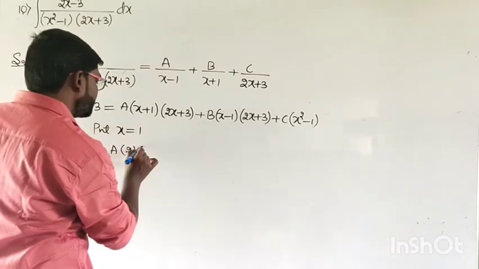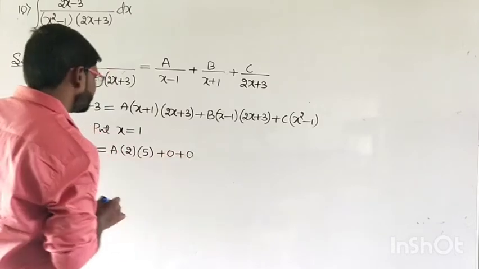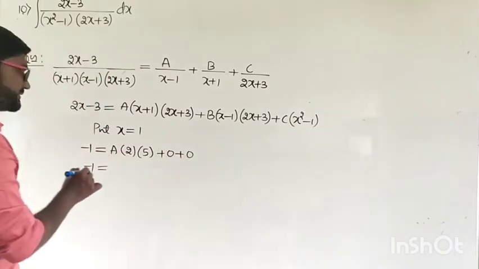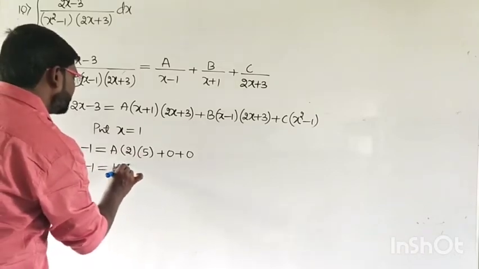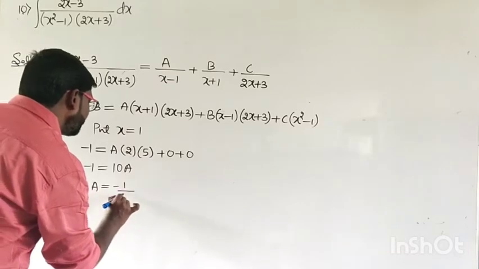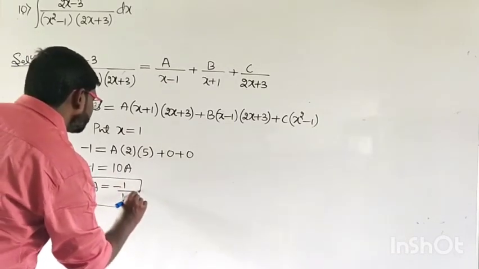Then 2 plus 3, it is 5. These two anyway will be 0. So minus 1 is equal to 2 into 5 is 10, 10 times A, or A is equal to minus 1 divided by 10. We have got the value of A.